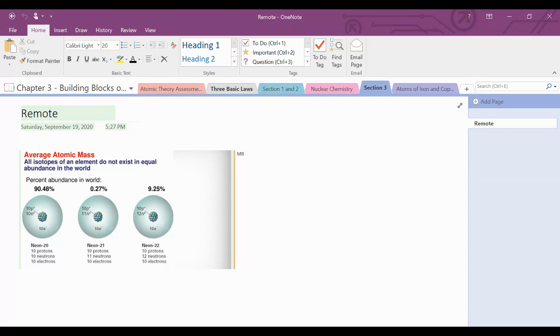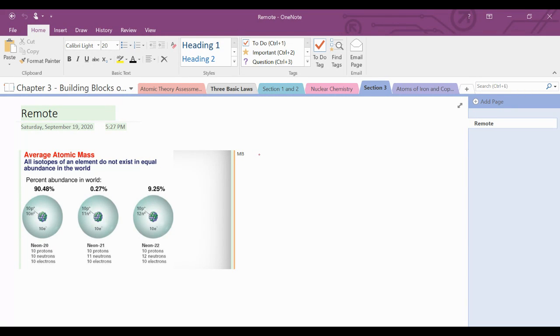And so here's my element that I've chosen. Okay, so this is the element neon, and there are three different atoms of neon represented here, and these are called isotopes.